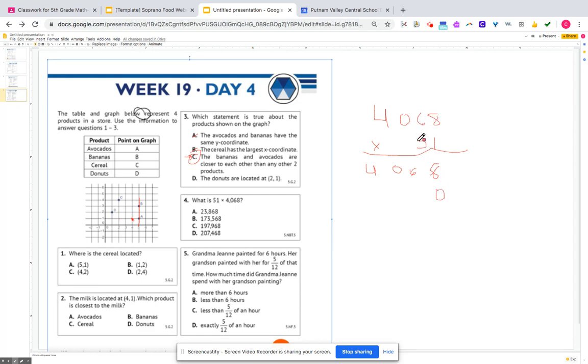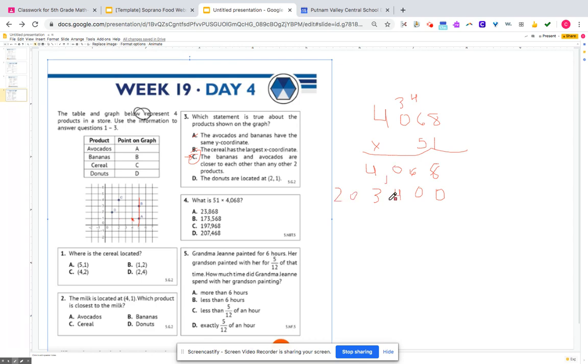Now I'm going to treat this as a 5. 5 times 8 is 40. 5 times 6 is 30 plus 4, 34. 5 times 0 is 0. 0 plus 3 is 3. And then 5 times 4 is 20.